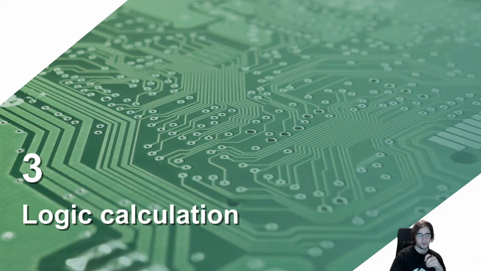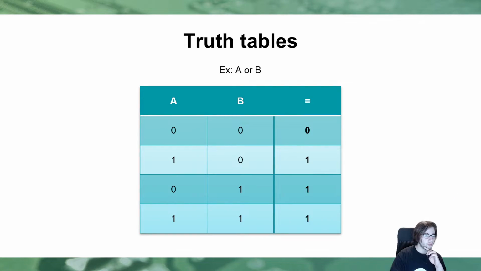We're not going to do any calculation yet, just showing what the syntax is. First of all, we have truth tables. In logic, you're often going to be seeing truth tables.